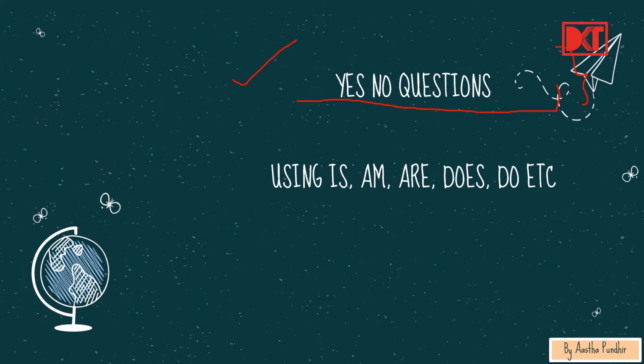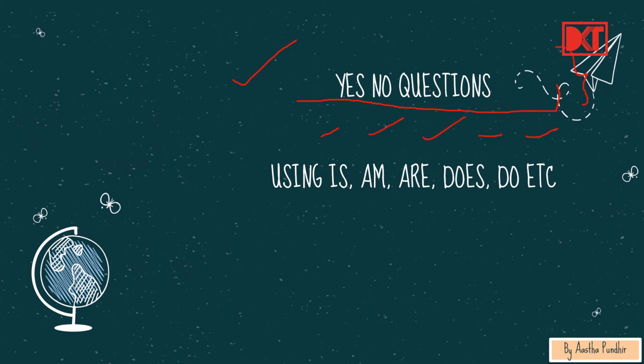Now these are not descriptive, they are not explanatory, they are simple affirmative or negative answers. There are only negative or affirmative answers to these kind of questions, and they are formed using words like is, am, are, does, do, etc.